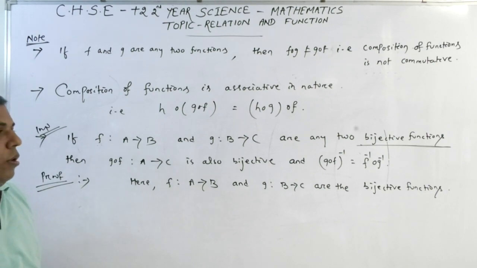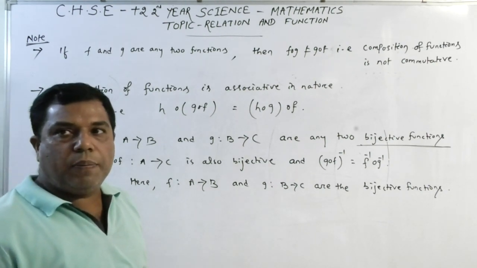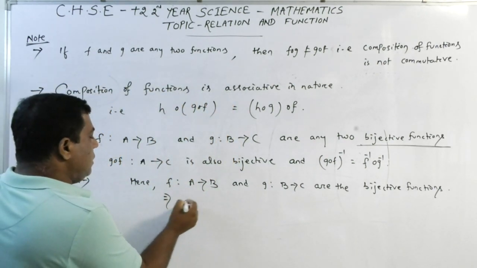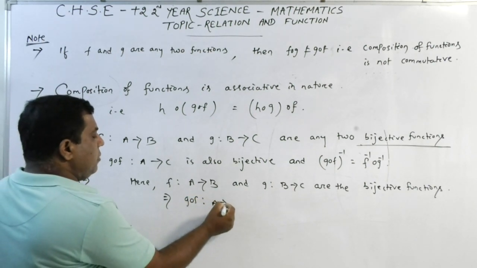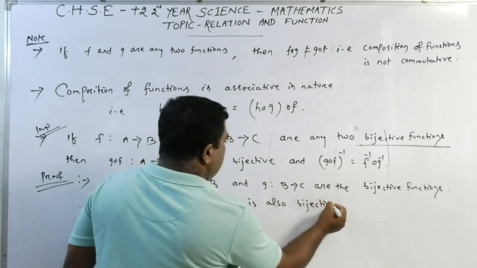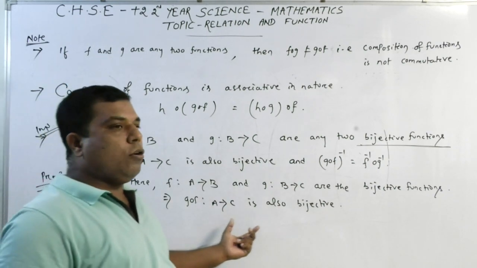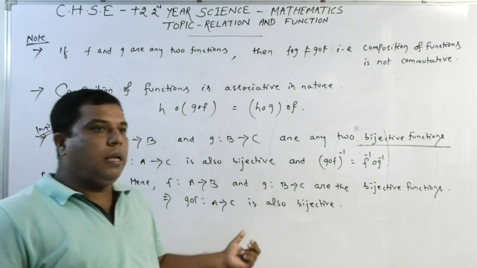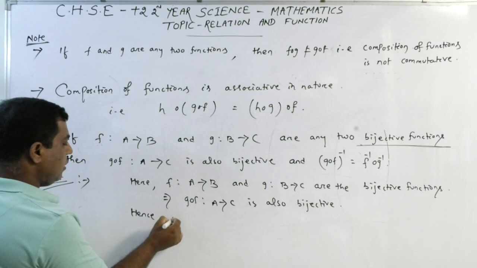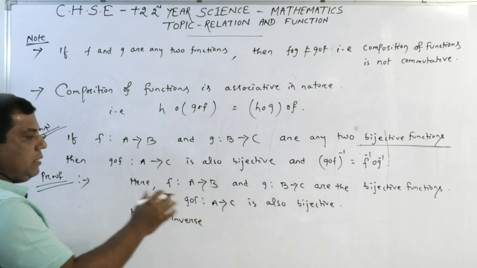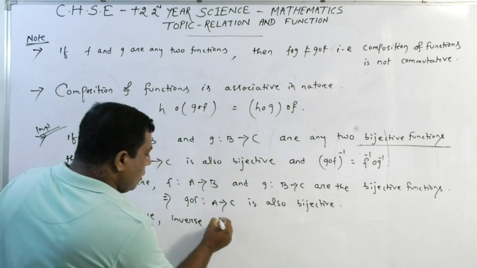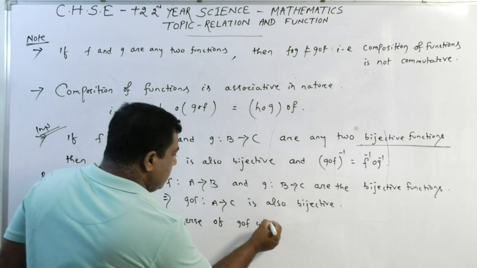We know that if the original functions are bijective, then their composition is also bijective. That implies gof from A to C is also bijective. If the initial functions are bijective in nature, their composition is also bijective. And as it is bijective, its inverse will exist; if it is bijective, then only we can find the inverse.